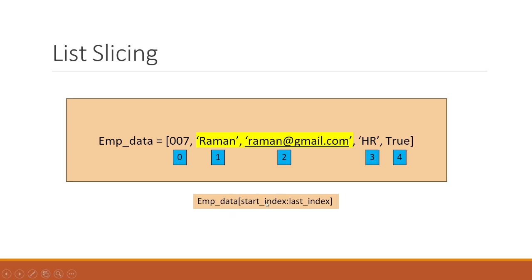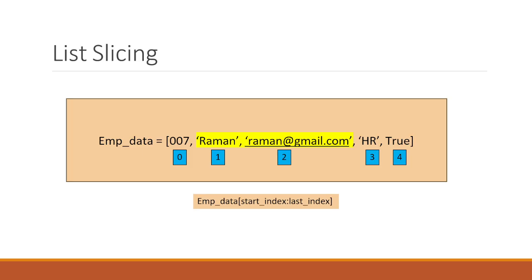Employee data, first you have to give the start index from where you want to start slicing. After that you have to give the last index, till where you want to slice your data. So this will be your first index and this will be your last index. After that we have one more colon for the step value.